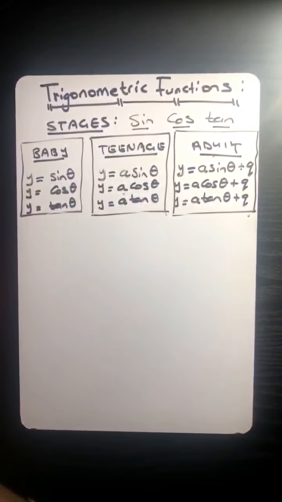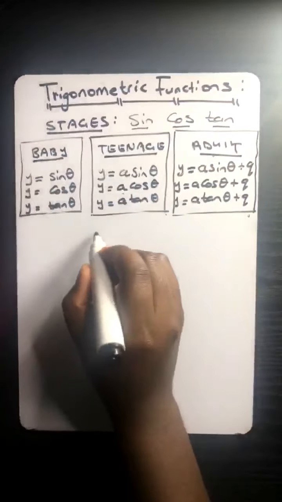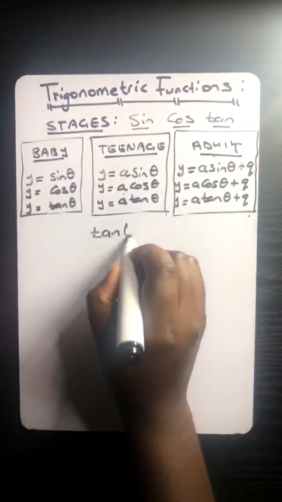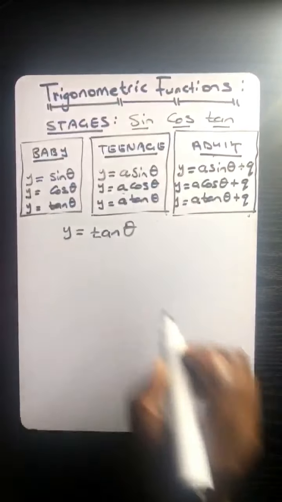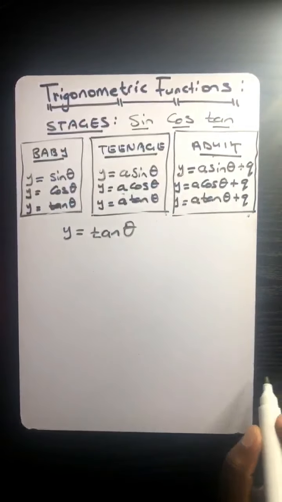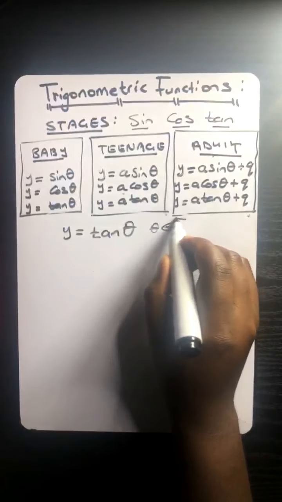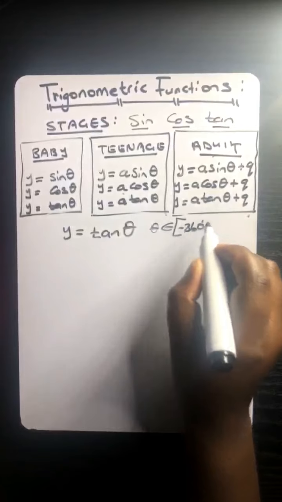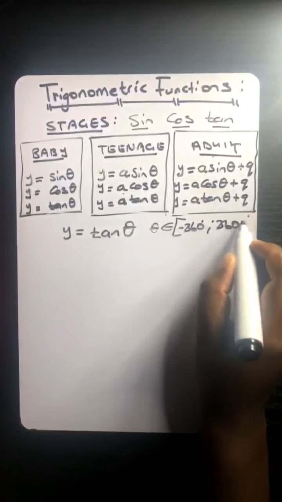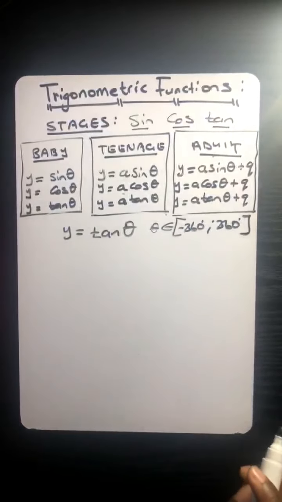And then from there, let's sketch or plot y equals tan of the angle, where the angle is an element of, let's say, negative 360 degrees to positive 360 degrees. So from negative to positive.